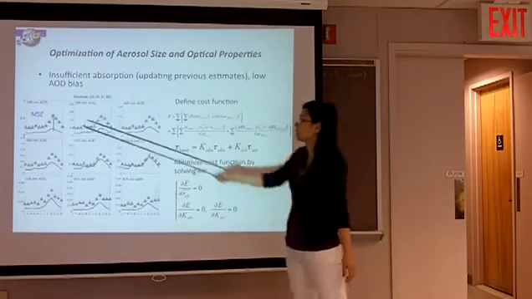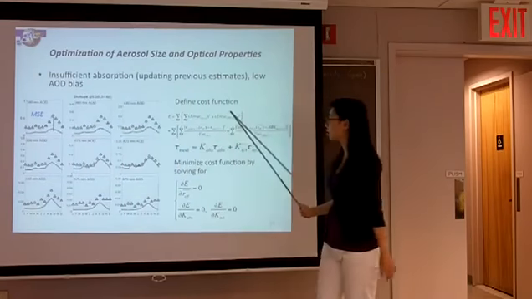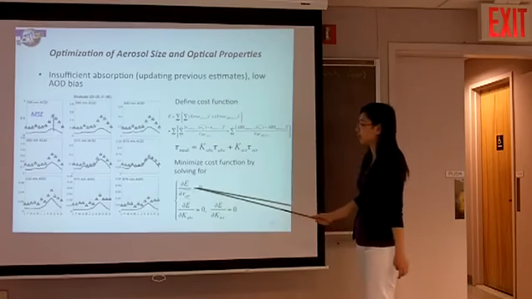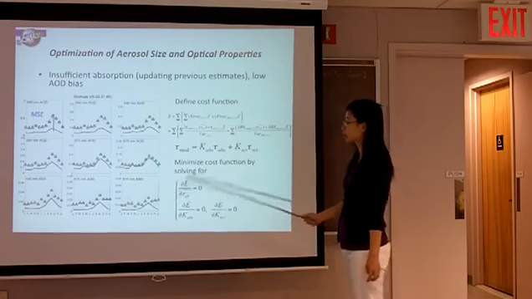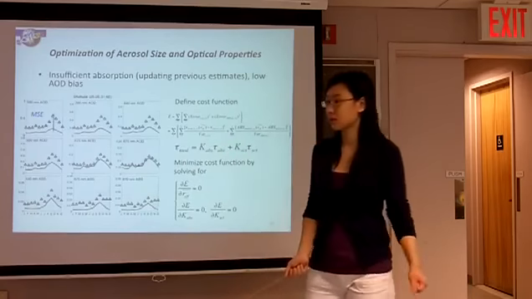So we sum up this normalized mean square error and try to minimize this cost function by solving for the effective radius, and also adjusting the fraction of absorbing and non-absorbing aerosols.